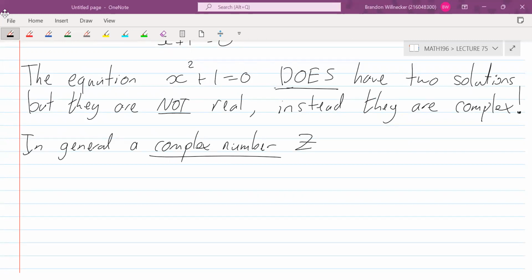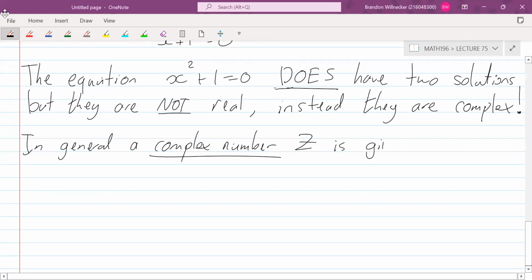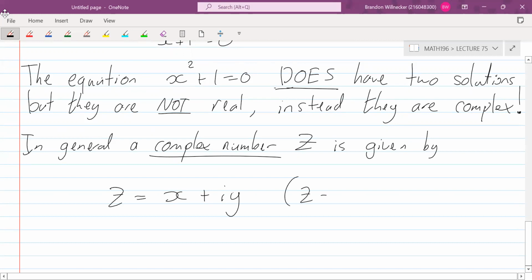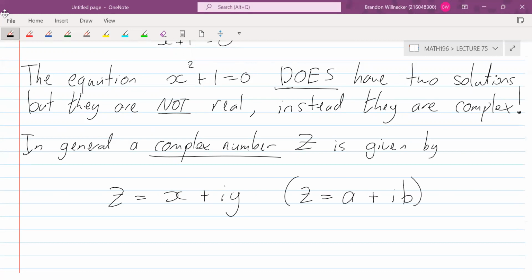In general, a complex number z is given by z is equal to x plus iy. You might see that notation, or you might see z is equal to a plus ib. So sometimes it's given as x and y, sometimes as a and b. It means exactly the same thing.